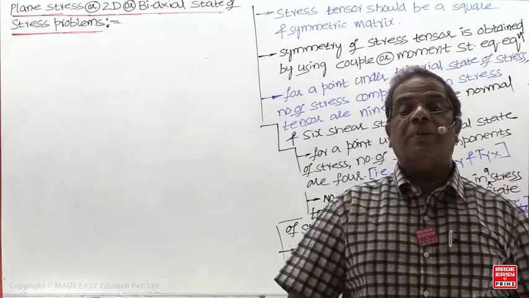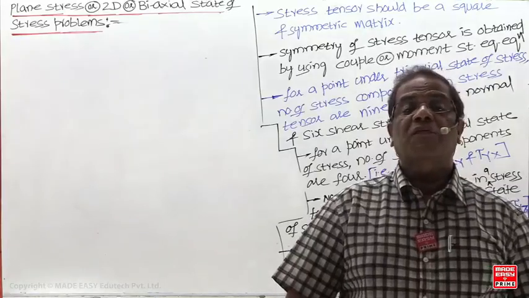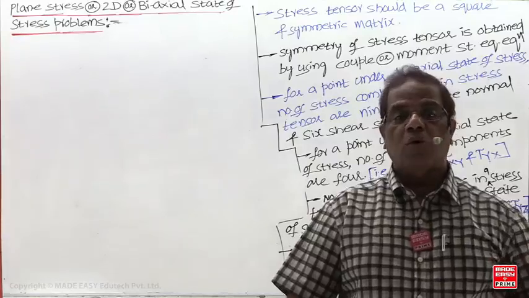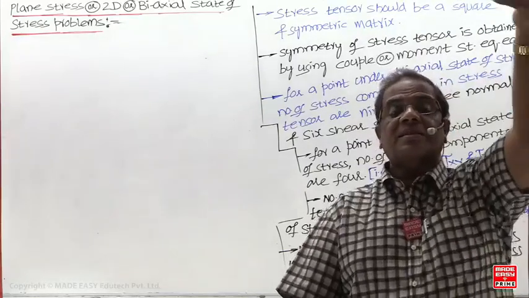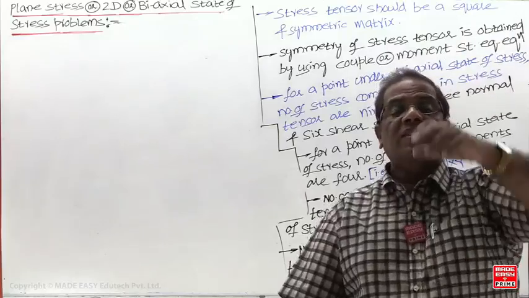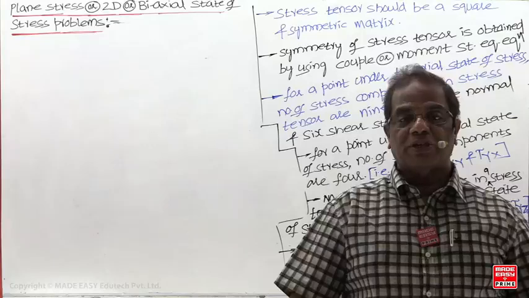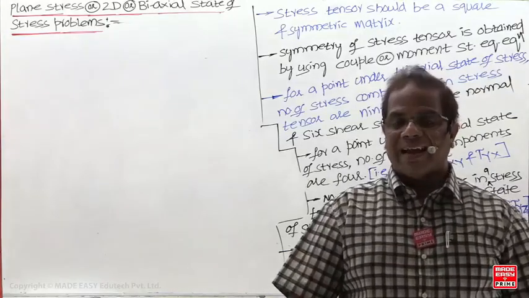But if you go for a thick pressure vessel, thick pressure vessels are used to store fluid under higher pressure. So when the thickness is more, the fluid pressure is more, then the radial stress is also more. Radial stress is always equal to pressure. Then it cannot be neglected.